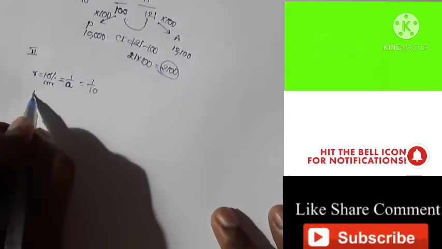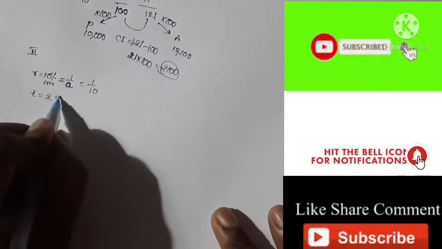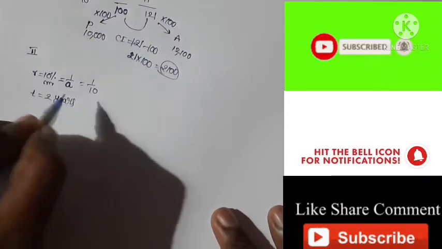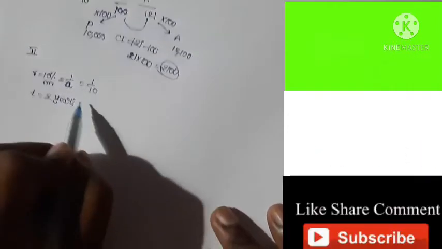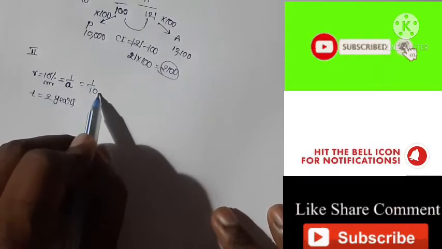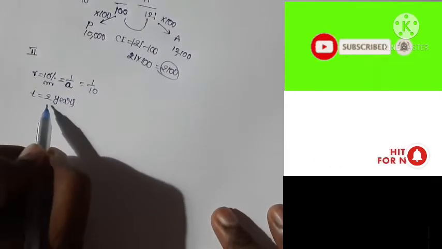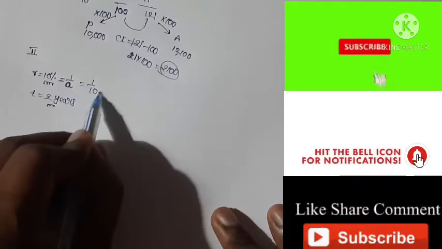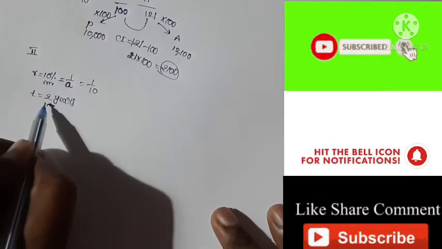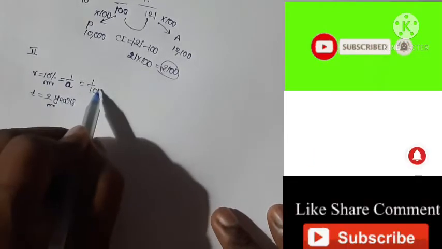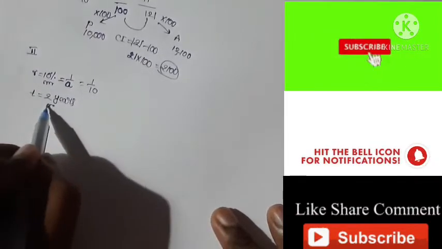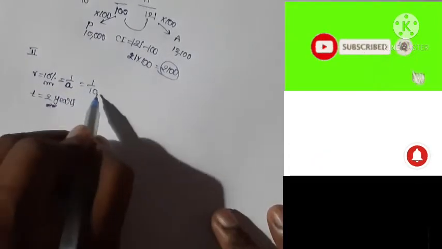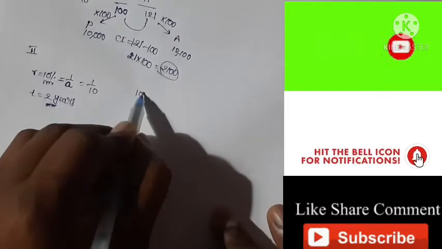So here time is 2 years. So take the principal amount as, here time is 2 years, take 10 square. Time is 3 years, take 10 cube. Okay, so time is 2 years, take 10 square, the value is 100.